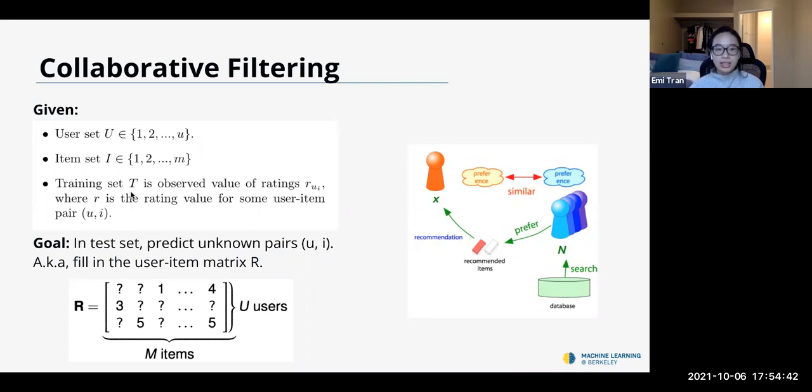The rating, let's call it R_UI, is the rating value of a user-item pair UI. For example, R_UI means user U rated item I with this R value.